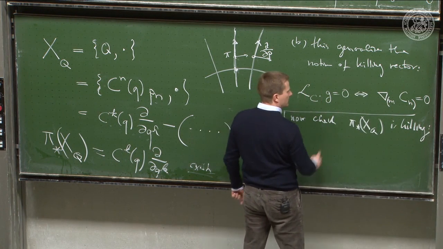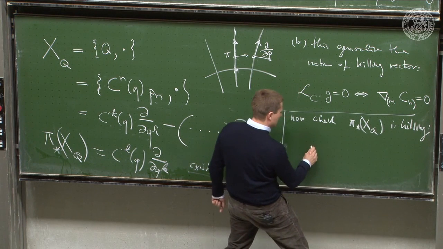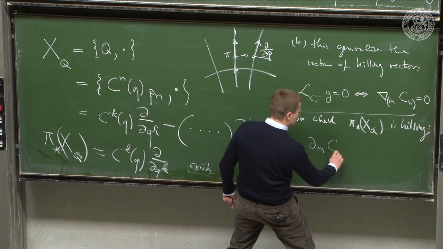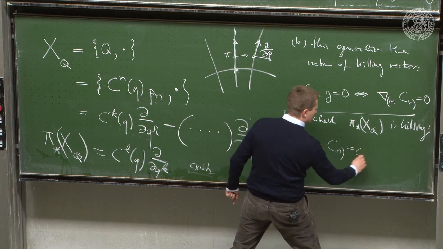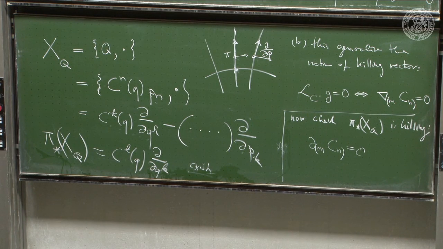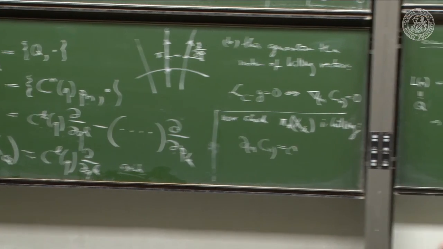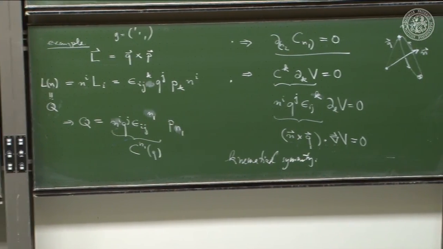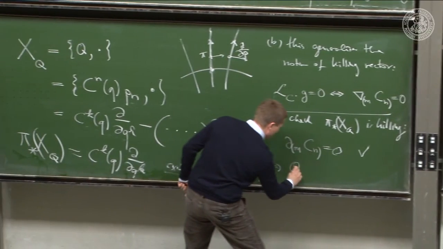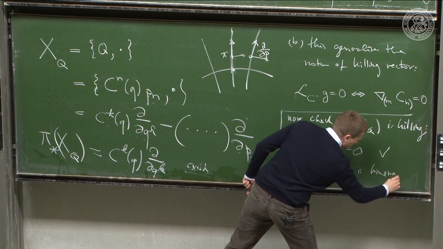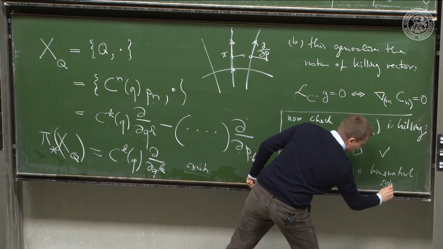Well, we need to calculate this condition here. We need to calculate del m c down n equal to 0. Well, but that we already checked. That's true. So in fact, we push it down, and it is Killing down there. Hence, this q that is L of n is a kinematical symmetry.